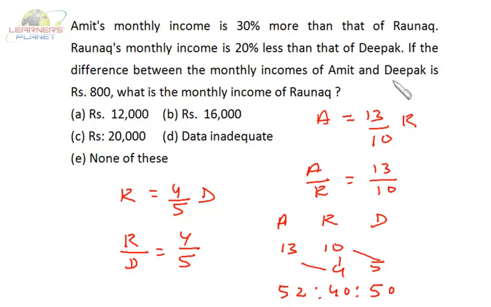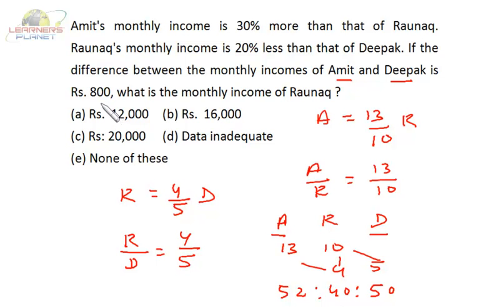Now we have been given that the difference between monthly incomes of Amit and Deepak is rupees 800. Now Amit and Deepak, what is the difference? It's two part. Okay. And we have to find out the income of Ronak. So if two part is 800, one part will be 400.